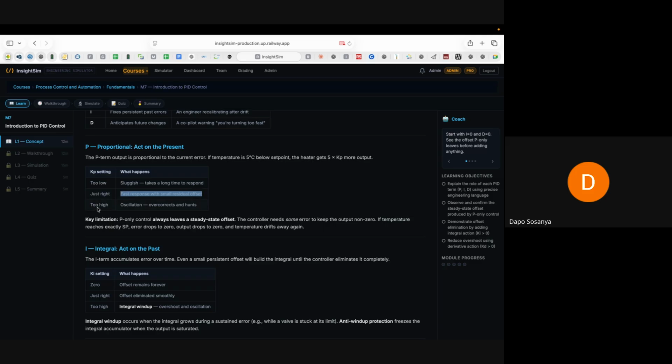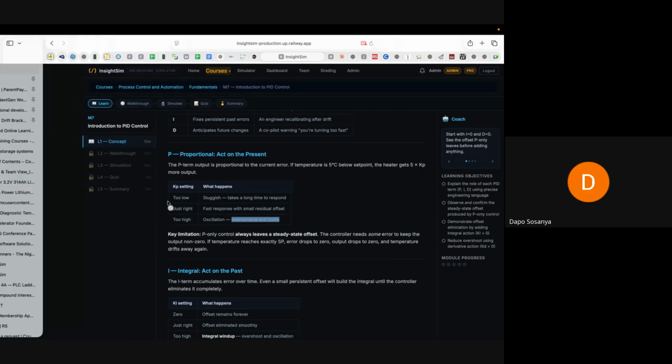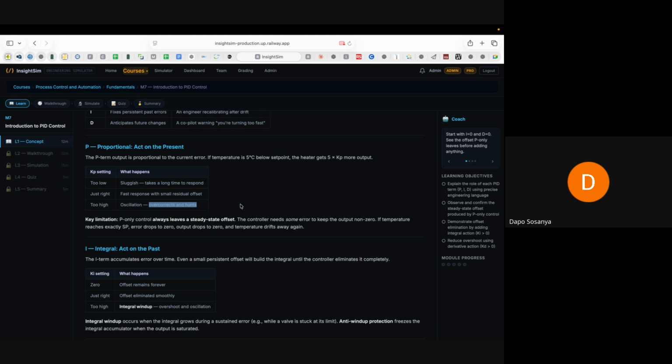If it is too high, you'll see oscillation. It overcorrects and oscillates, right? So we'll demonstrate all of this in the simulation just now, right?